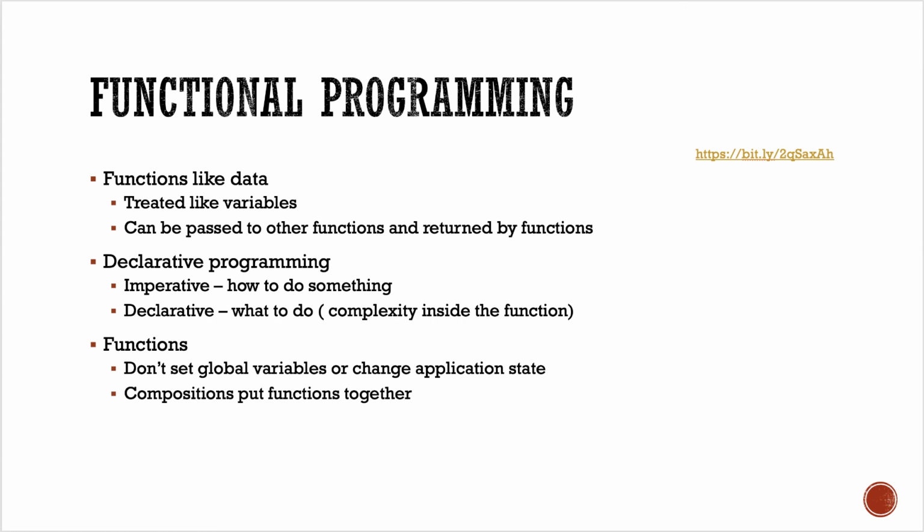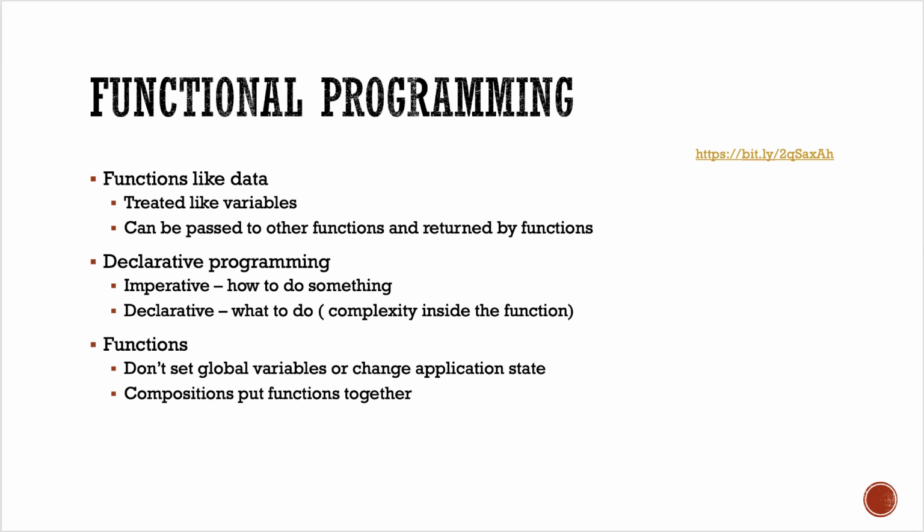Functional programming is associated with the declarative programming paradigm. Declarative programming can be contrasted with the imperative approach to programming, where we use statements like fors and whiles and if statements, where we are telling the application how to do something.